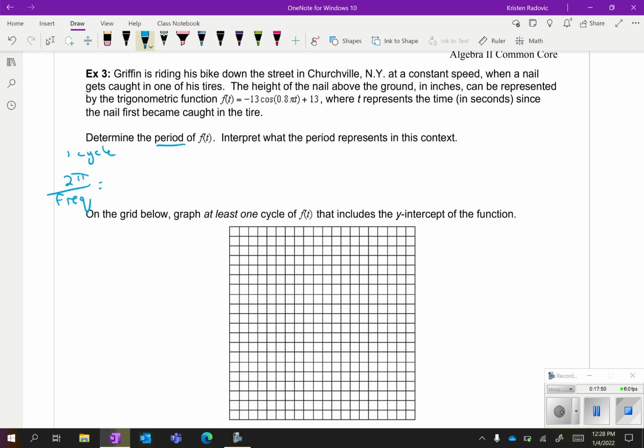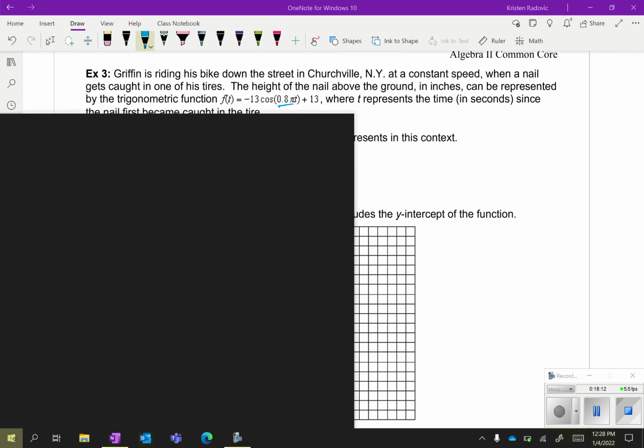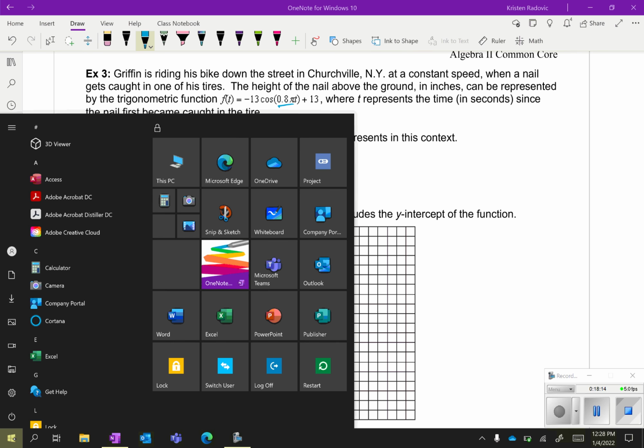Now look at the equation they gave you and determine the frequency from it. The frequency is what's in front of your variable. In this case, that would be 0.8 pi. Now the pi's cancel out, so you really just have to do 2 divided by 0.8, which might be tricky for most of us. So instead, we're just going to go and use our calculator.